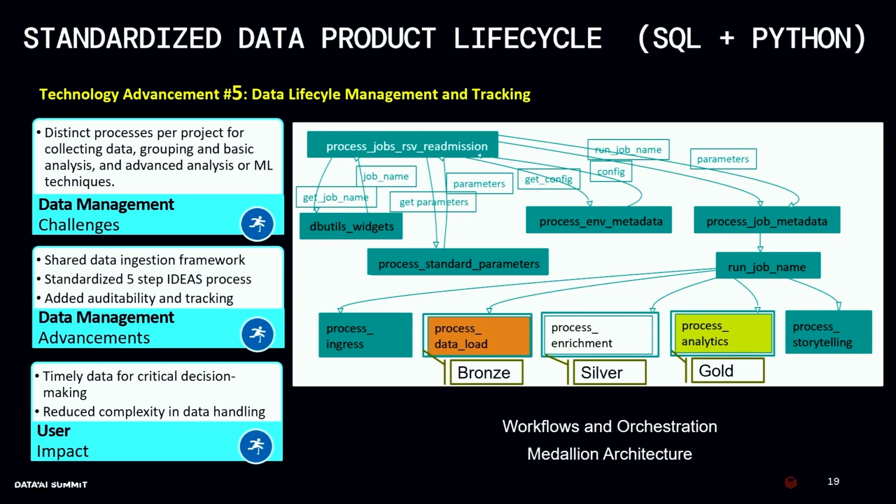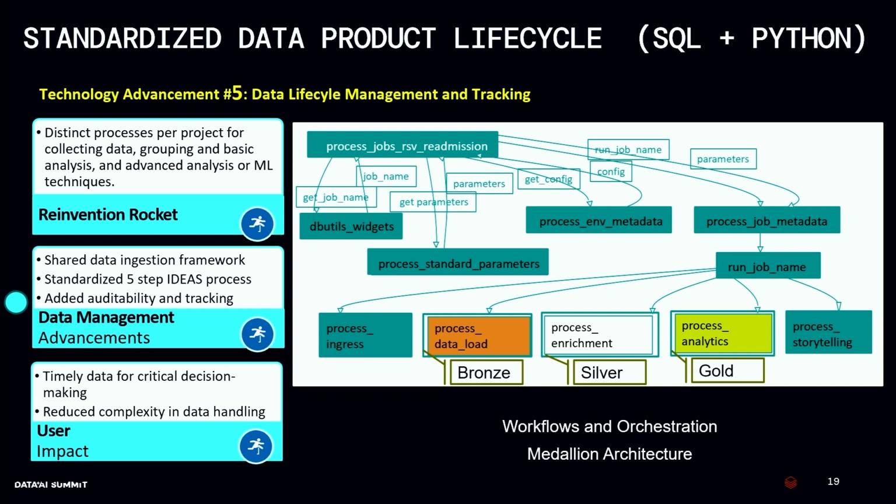So we're about done. This is number 5 of 5, the standardized data product lifecycle, technology advancement number 5, and I'm calling this one the reinvention rocket. A lot of times what you'll find on these projects is that you recreate things from scratch, or at least that's what we did, and you don't necessarily have a consistent ETL process.